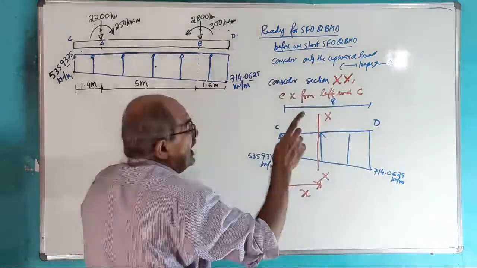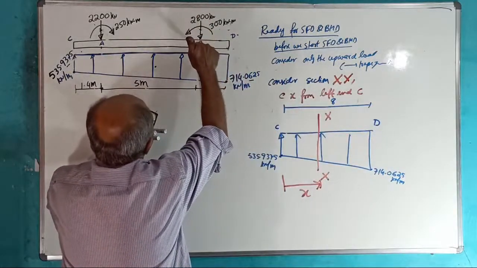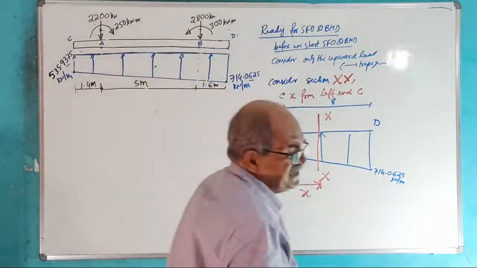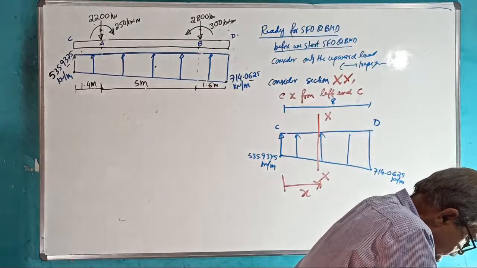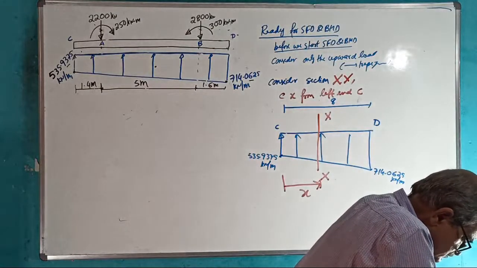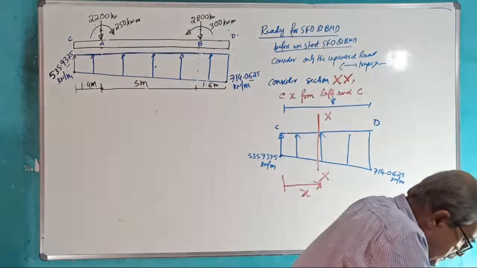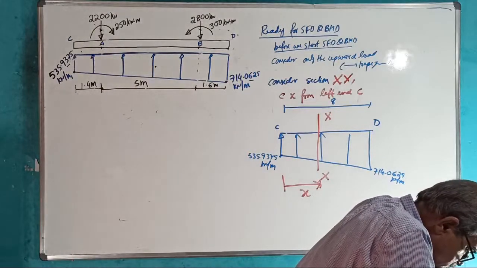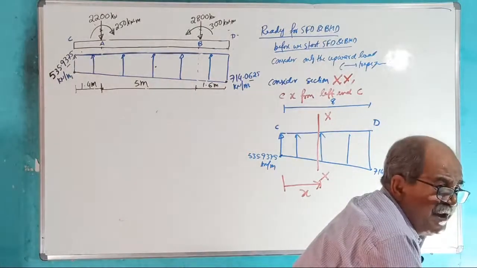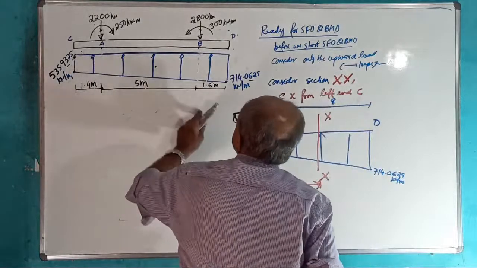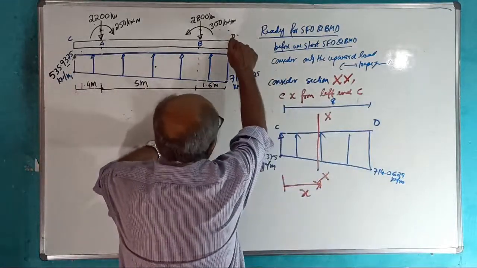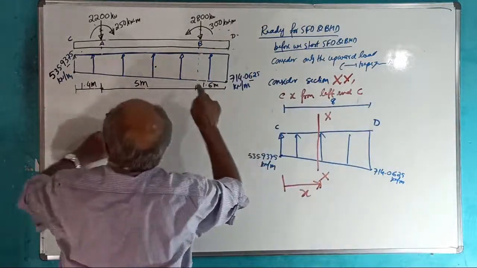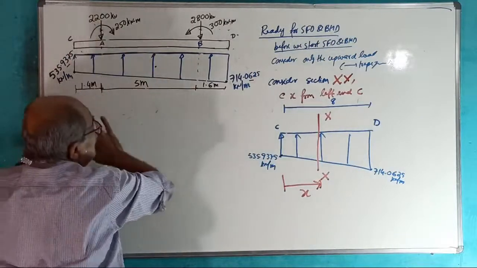X is from the left end, remember. If I want the answer at B, substitute X equal to 6.4 meter. Why? This distance. If I want D, X equal to 8 meter. If I want C, X equal to 0.